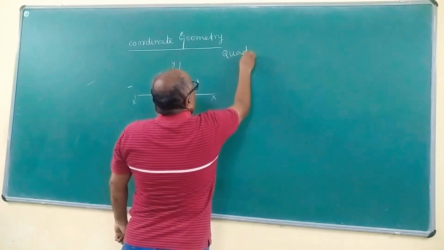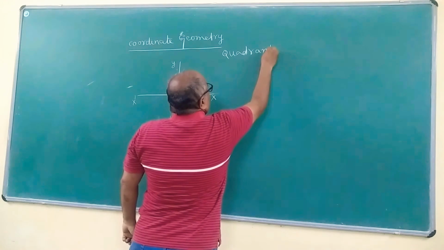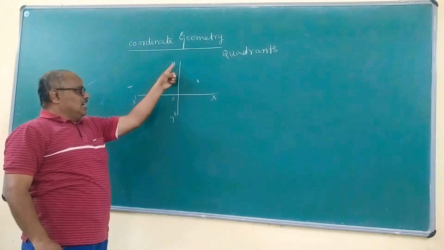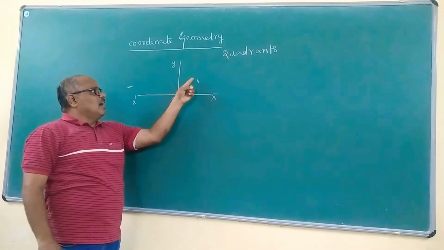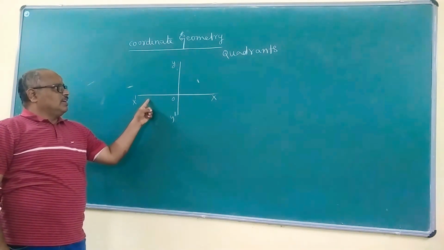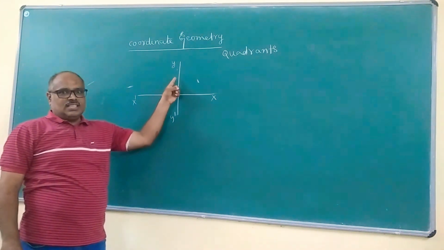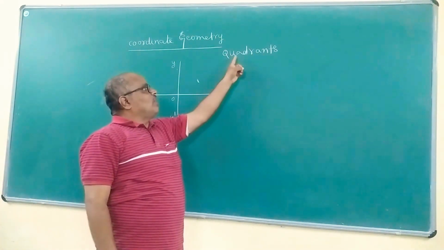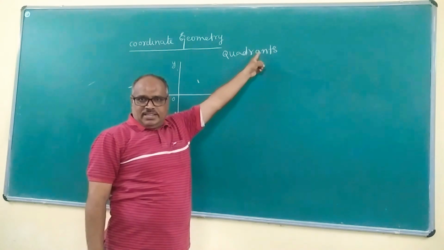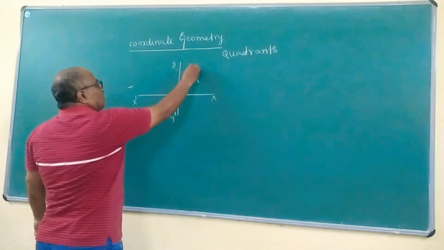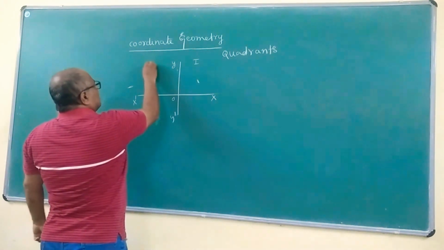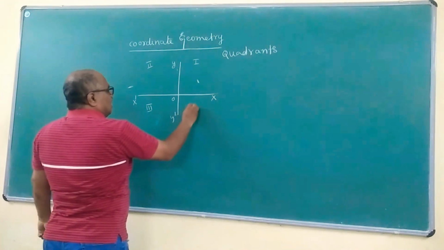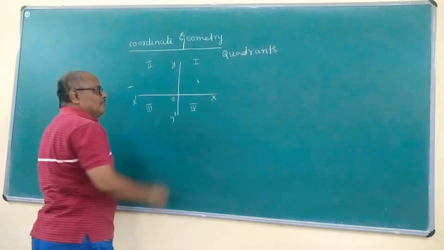XOX' and YOY' are two mutually perpendicular lines that divide the Cartesian plane into four equal parts, what we call quadrants. This is the first quadrant, this is the second quadrant, this is the third quadrant, and this is the fourth quadrant.